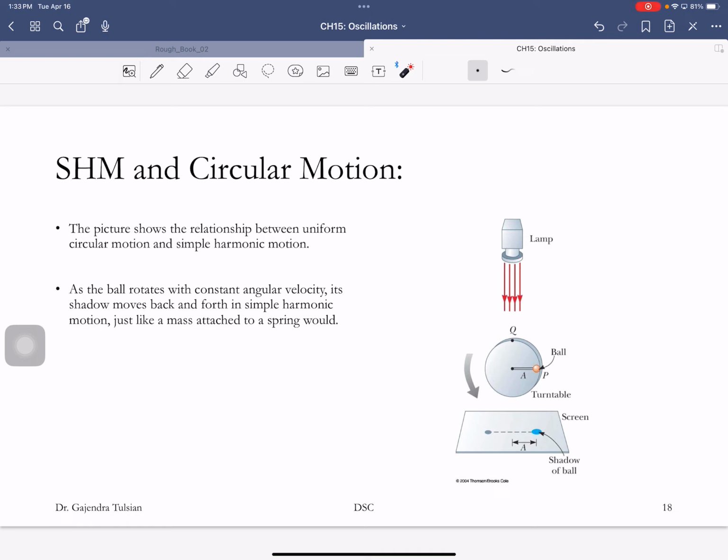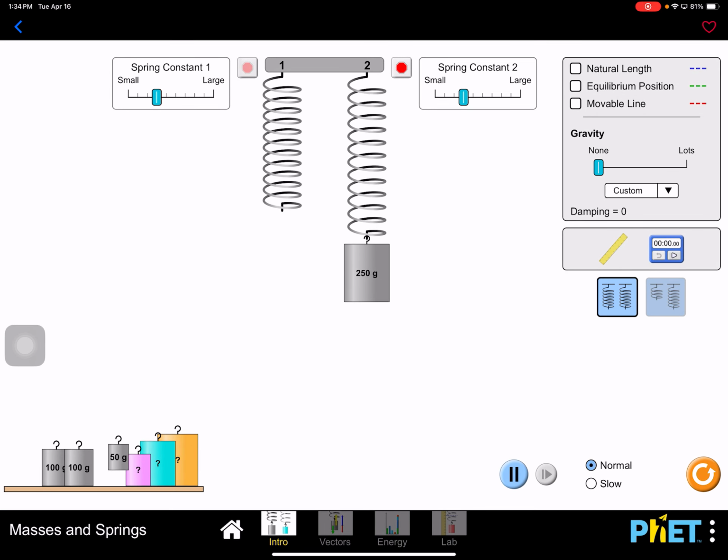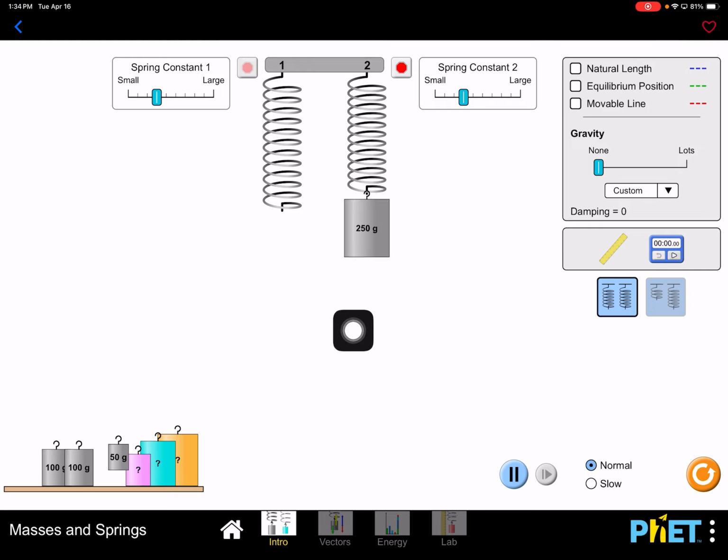Okay, I know you guys are tired, but now there's not much math. Well, there is some math, but I won't go over the details. I'll just give you the punchline. This motion is called simple harmonic motion.